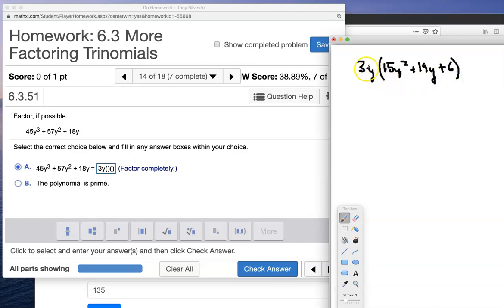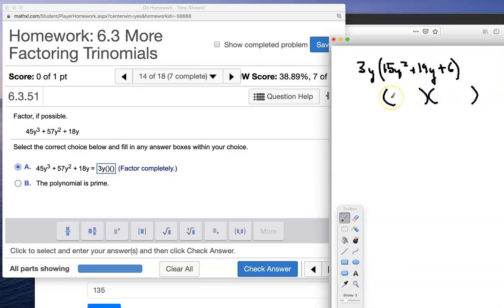So when I take 3y from here, 3 goes into 45 15 times. 3 goes into 59 19 times. And 3 goes into 18 6 times. I'm sorry. Apologize. Losing my mind.